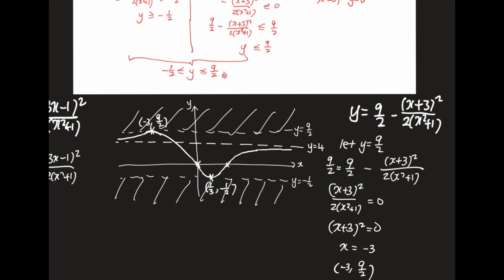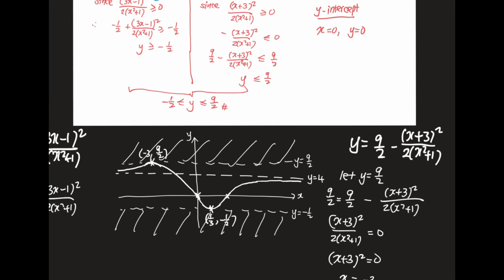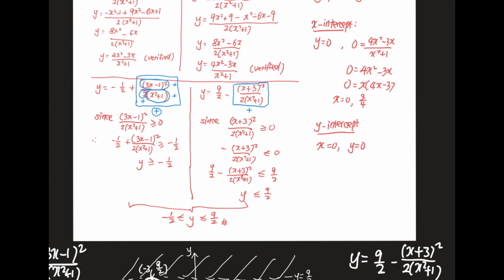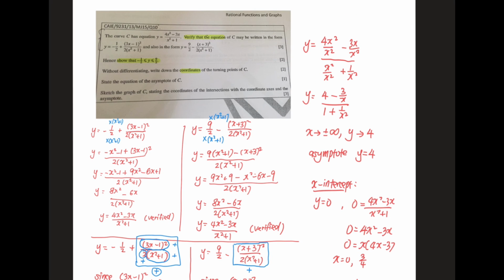Of course, to confirm this, my suggestion is you key in the whole rational function. So let's say I key in now the whole rational function in the calculator: 4x² minus 3x divided by x² plus 1.